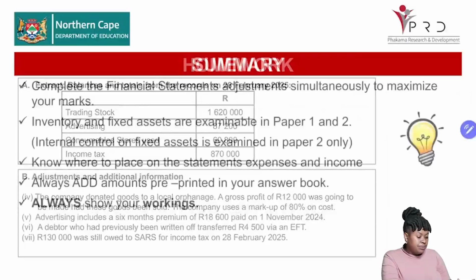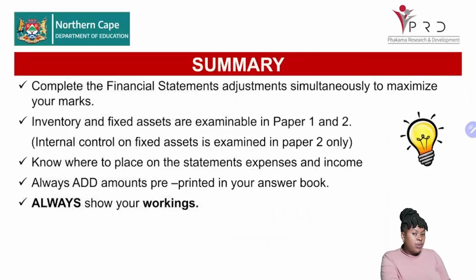Okay. So then this is the summary for what we've covered today. You need to complete the financial statements adjustments simultaneously to maximize the marks. You need to write it in your statement of comprehensive income, and you also need to put it in your statement of financial position. So they both need to be in your financial statements. Then inventory and fixed assets are examined on paper 1 and paper 2.